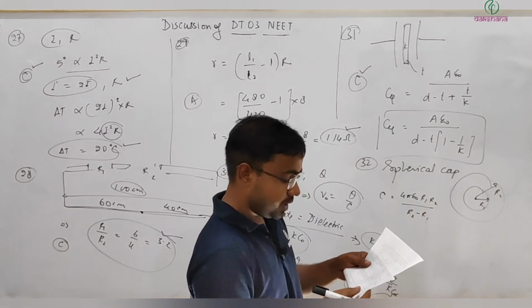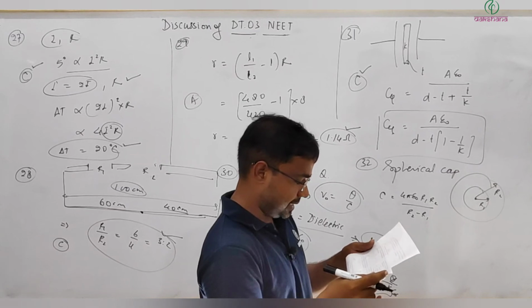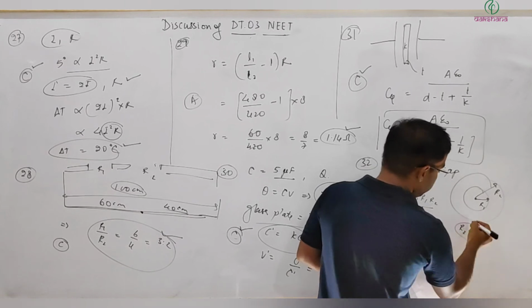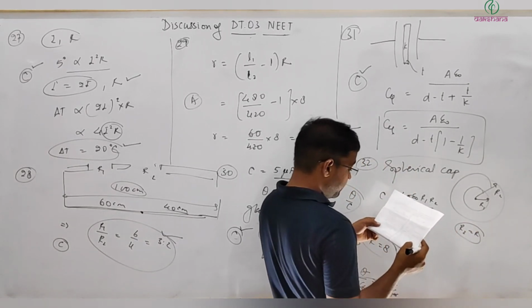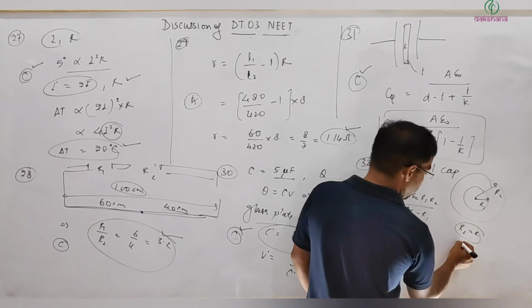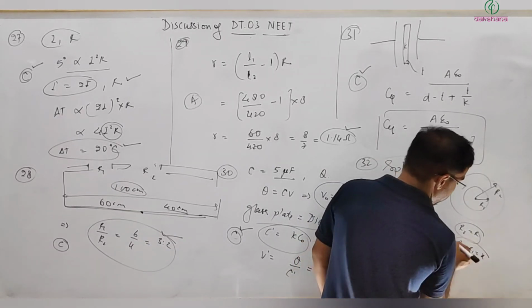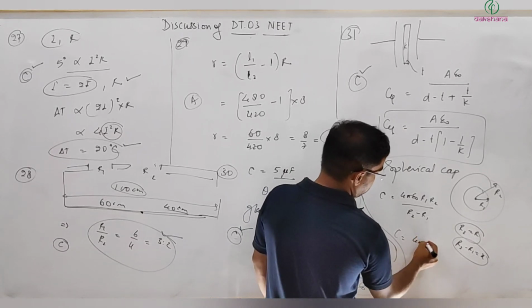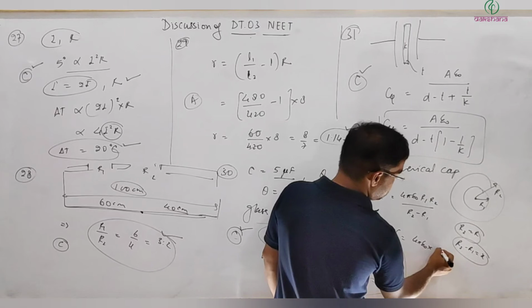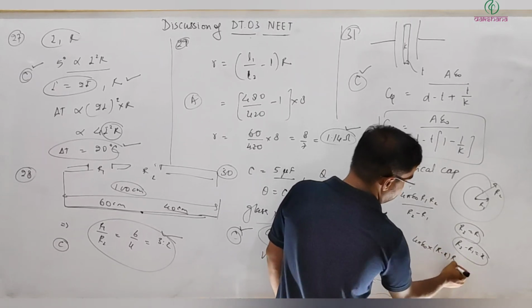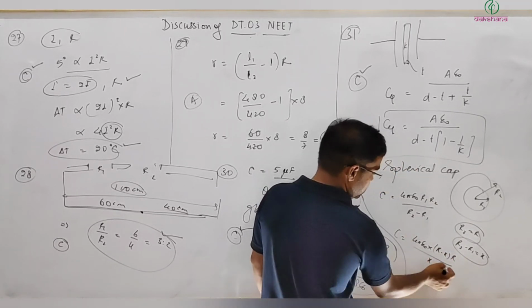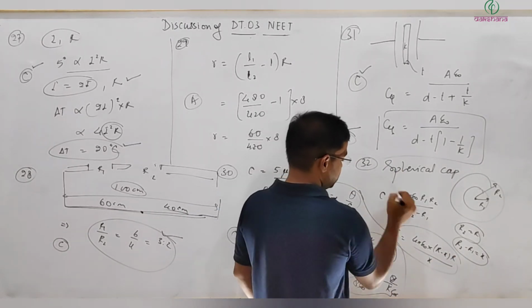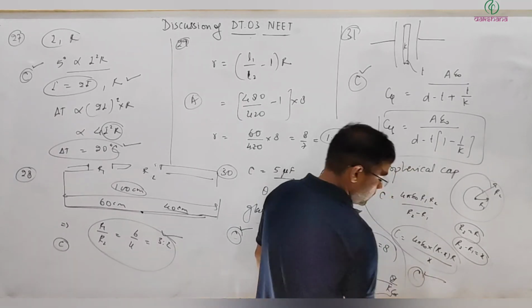Here it's given the spherical condenser's outer radius, so R2 is R, and the difference between the outer and inner radius, R2 minus R1, is given as X. I can substitute the values. This implies C is equal to 4 pi epsilon naught, R1 is R minus X, R2 is R, and R2 minus R1 is X. So this is proportional to R into R minus X by X, and that matches with option C.